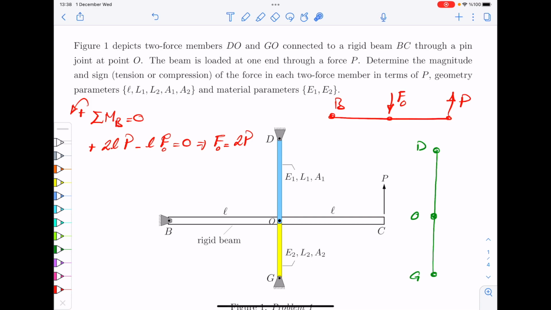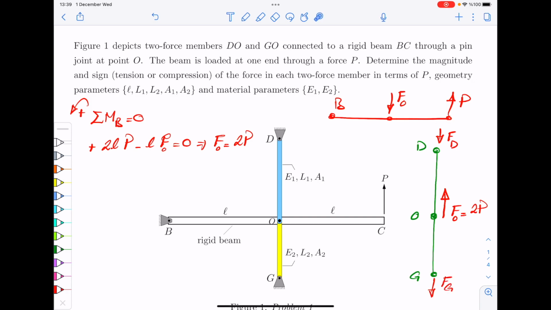So in this green system, the FO that you would have would be 2P upwards, because it's the reaction of what we had previously. Now, you can imagine if you have a force on this structure here, and that force is upwards, then you would basically cause two downward forces here, let's call them FD and FG, to compensate for that.